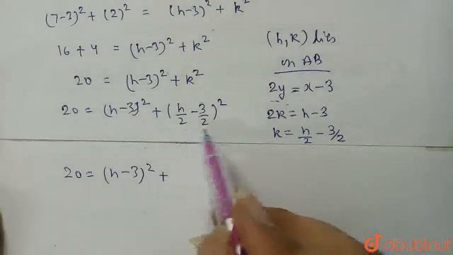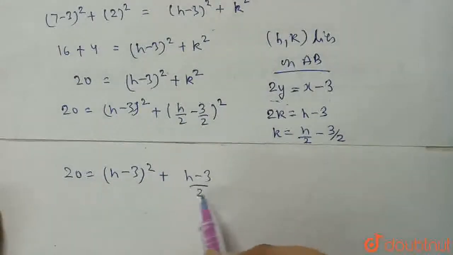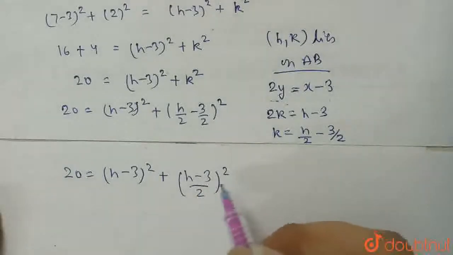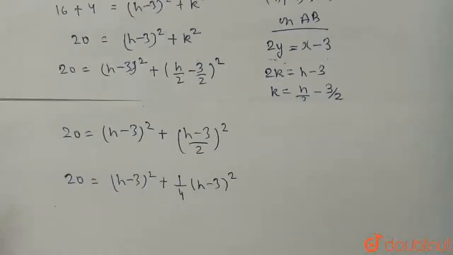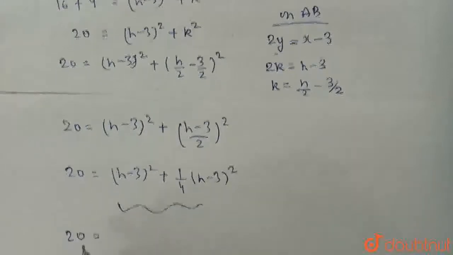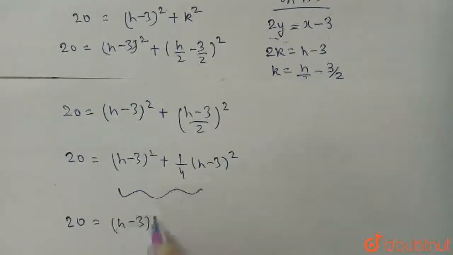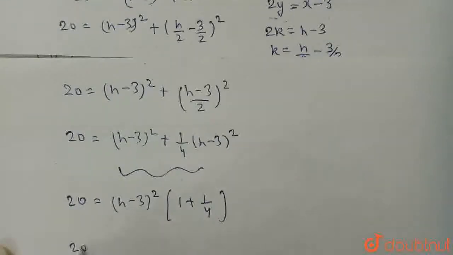Now if we take 2 as LCM, then (h minus 3) upon 2, whole squared, taking 2 outside the bracket, gives 1 upon 4 times (h minus 3) squared. So now taking (h minus 3) squared common from both terms, we get 20 is equal to (h minus 3) squared times the bracket (1 plus 1 by 4). So now 20 is equal to (h minus 3) squared, and this becomes 5 by 4.